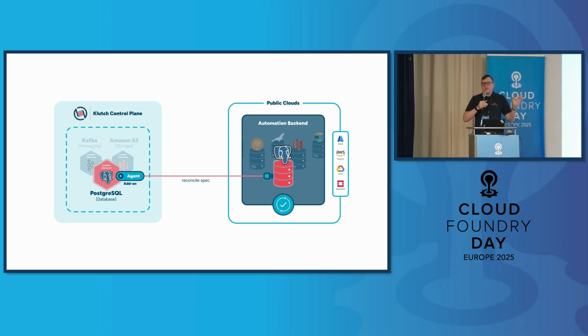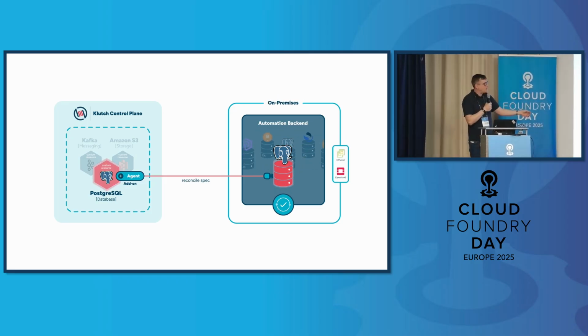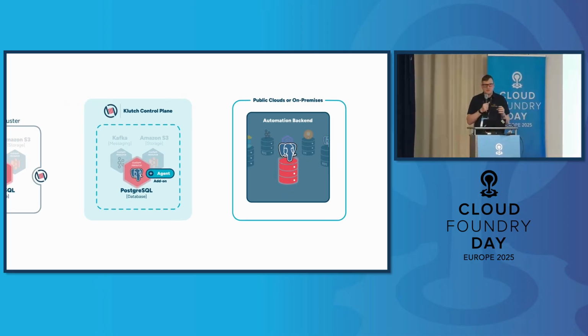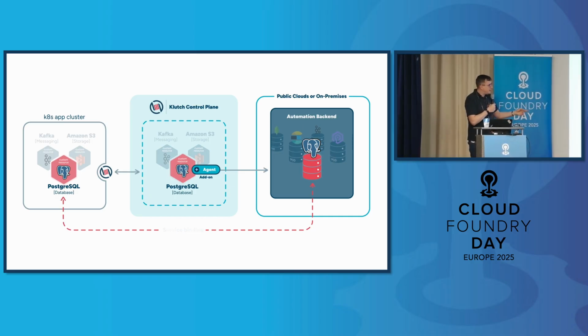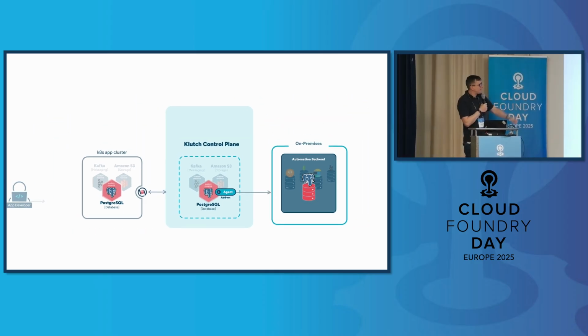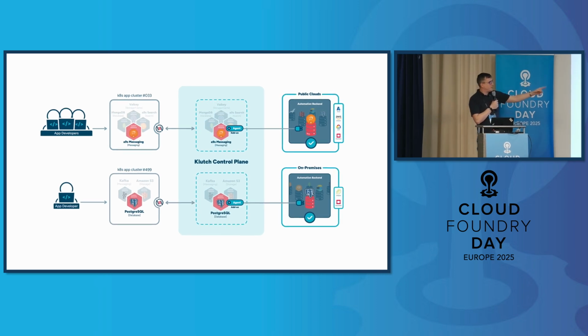From this separation, you also invite the challenge on how to connect the application cluster, as a network, to the actual automation backend. So we postulate the existence of a network connector interface for which we have created an implementation called the network connector. It's basically using Envoy proxies to, on demand, when creating such a service bind, establish a network connection from the application cluster to the actual backend.